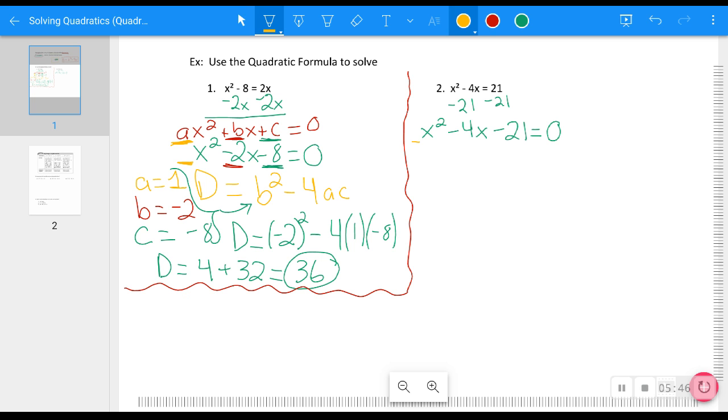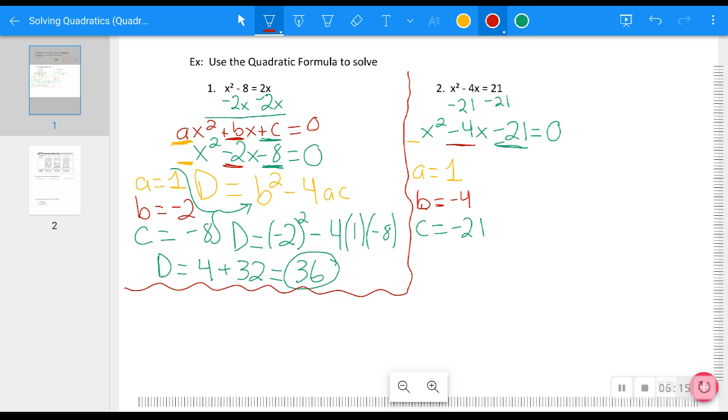Our a is out in front here, and when there's nothing there, it's secretly a little 1. Our b is in front of the x, which in this case is negative 4. Again, make sure you include that negative. If it's subtraction, that means the number is negative. And then c is whatever's hanging out at the end, which here is negative 21.